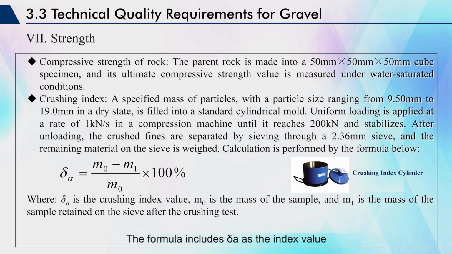The formula includes delta A as the index value, M0 as the specimen's mass, and M1 as the mass of the specimen after the crushing test.